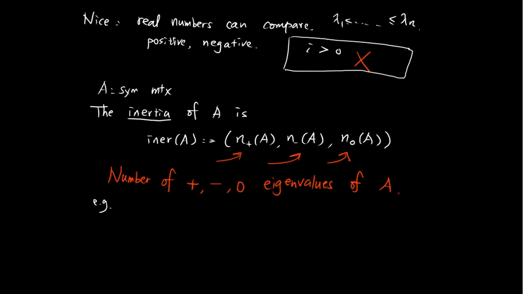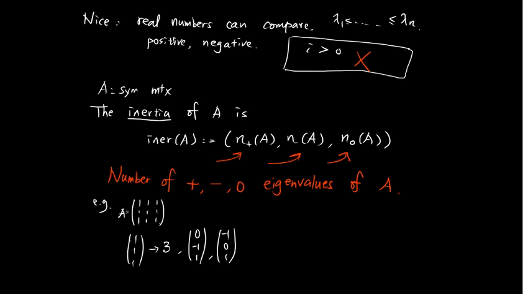Okay, just a quick example. Say A is equal to this one, and you know that one of the eigenvectors is 1, 1, 1, corresponding to the eigenvalue 3. On the other side, you also know that this matrix has nullity 2, which means that you got two null vectors, which are 0, minus 1, 1, and minus 1, 0, 1. These are the two eigenvectors corresponding to the eigenvalue 0.